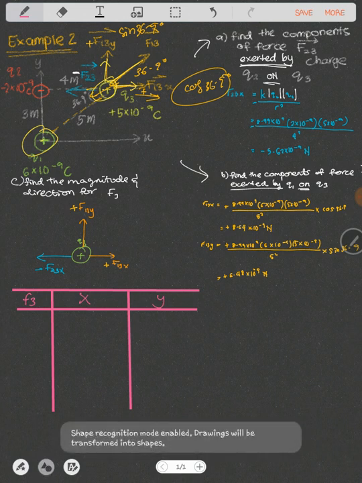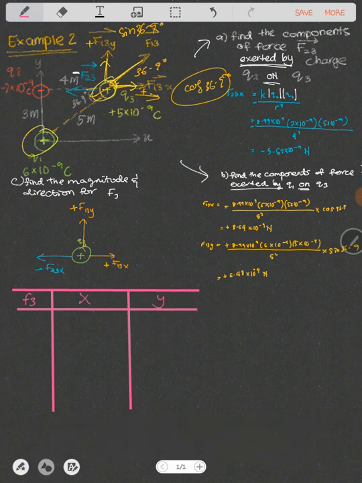So pada F3 yang kita nak cari ni, dia ada 3 komponen exist. Nama dia adalah F23 that only occur at X component, and then F13, if I'm not mistaken, just the orange one, berlaku pada X and also Y component.